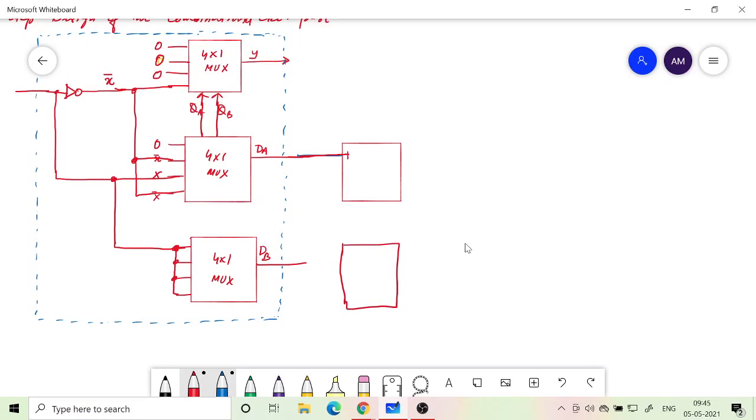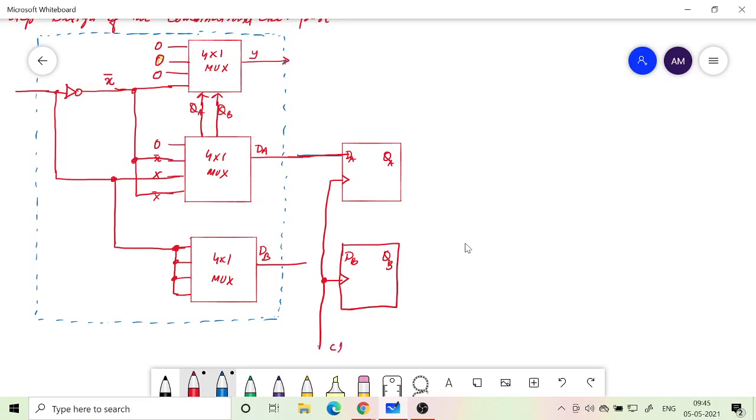So this is my DA, and I will have QA, and there will be a clock here. Then DB, QB. Okay, so that's the combinational part.